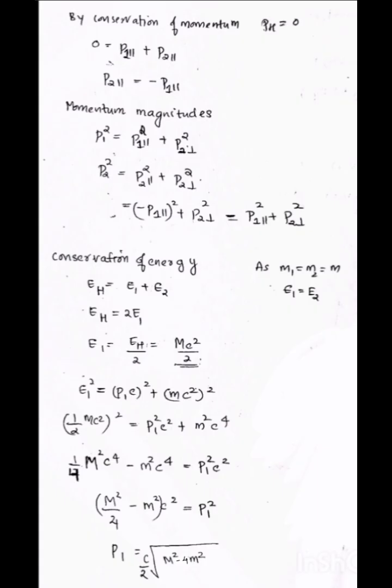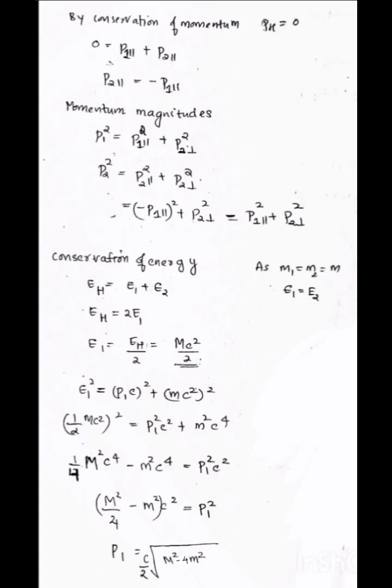Taking only the magnitudes of the momentum, we can write P1 square is equal to P1 parallel square plus P1 perpendicular square. And similarly, P2 square is equal to P2 parallel square plus P2 perpendicular square. So this can be written as minus P1 parallel the whole square plus P2 perpendicular square. This is equal to P1 parallel square plus P2 perpendicular square.